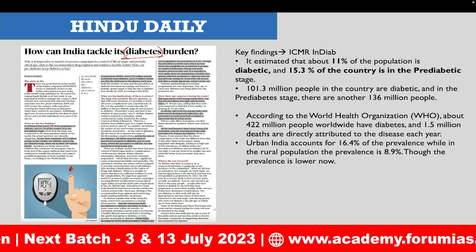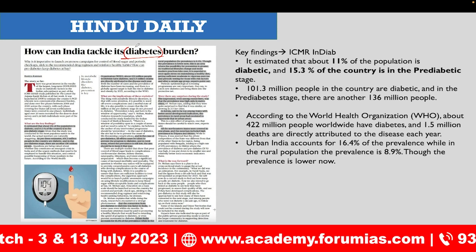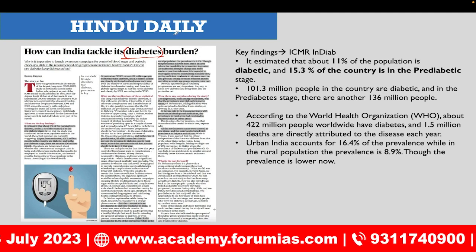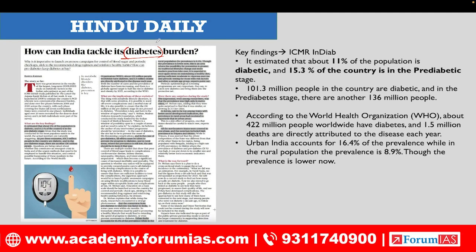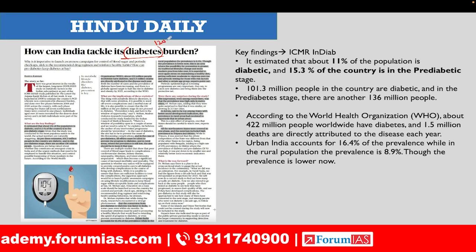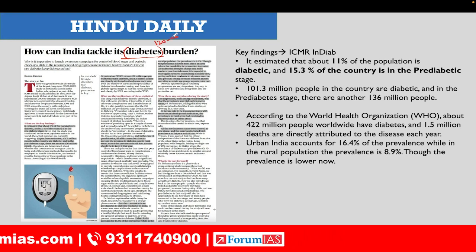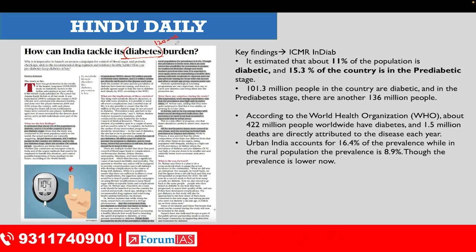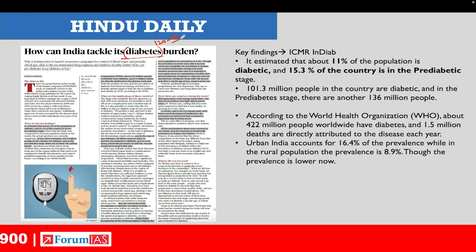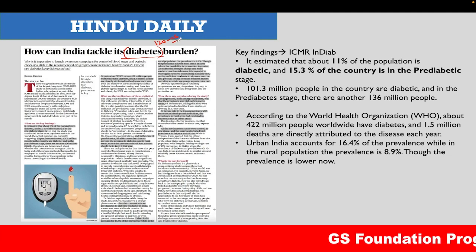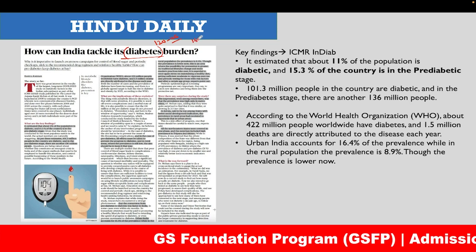Now, in diabetes, the sugar level in the blood will be extremely high. If it is between 120 to 125 mg, we can say the person is in the pre-diabetic stage. If it is above 125 post-fasting, then we can say the person is diabetic. But usually with respect to India, we are considering 140 as a norm.